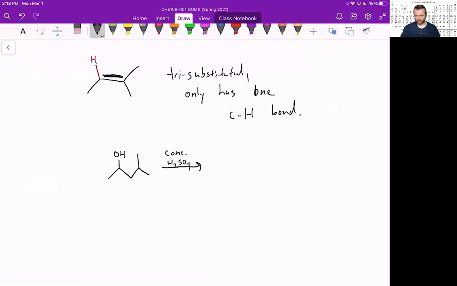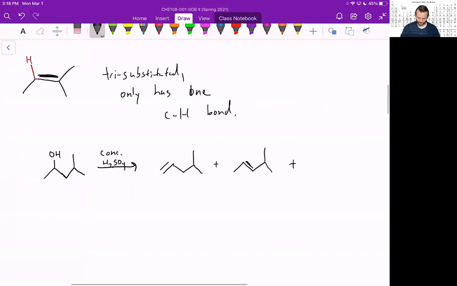Step 1 is just draw the two possible products. The double bond can either go here or there. It has to go to the left or to the right of the carbon that's got the hydroxyl bonded to it. And then of course water.